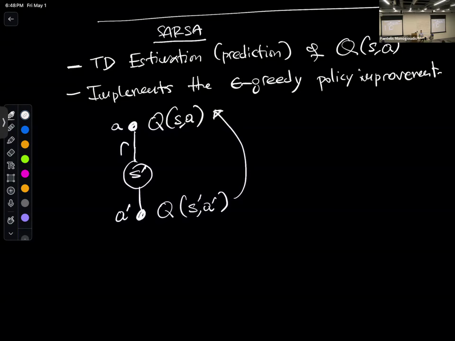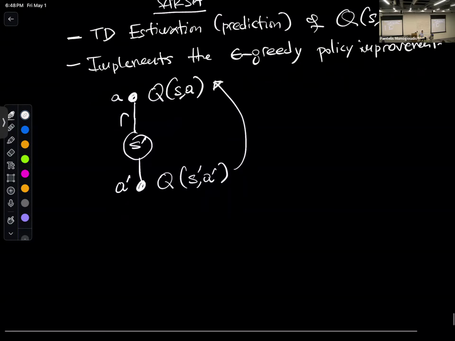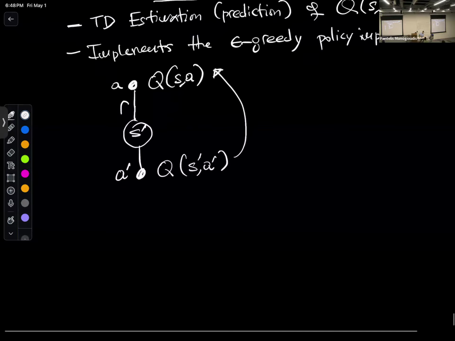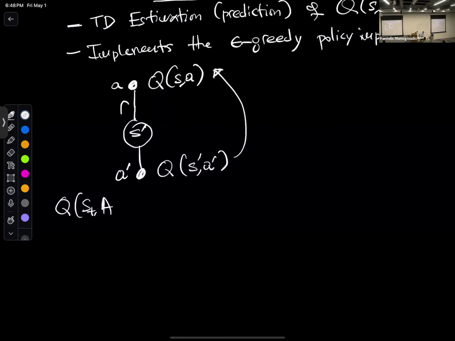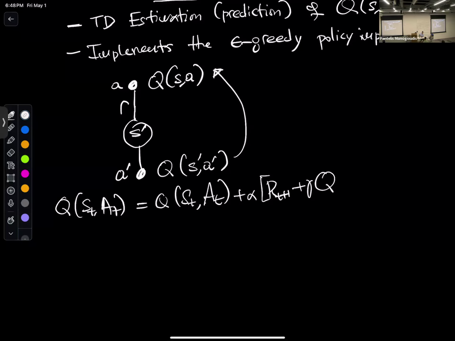So we are using this bootstrapping again, and therefore no surprises in the kind of equation that I'm going to write here. I'll explain what epsilon greedy is. It's pretty straightforward. So this is Q of S T comma A T is equal to Q of S T comma A T plus alpha times R T plus 1 plus gamma Q of S T plus 1, comma A T plus 1.